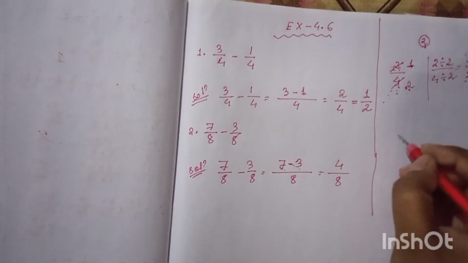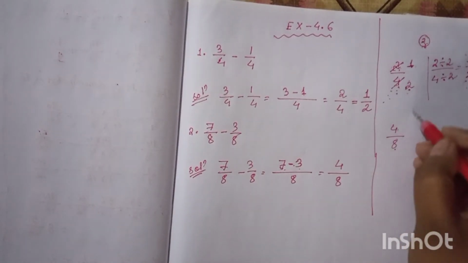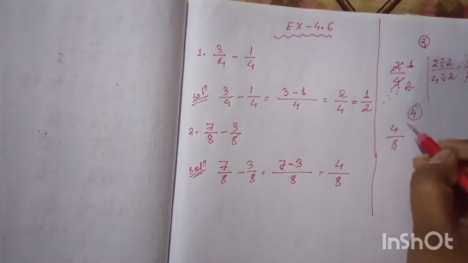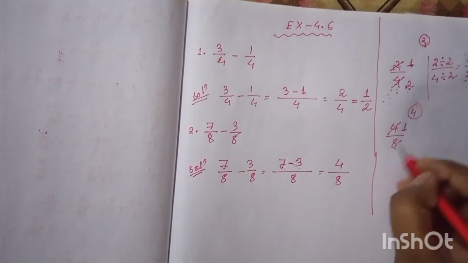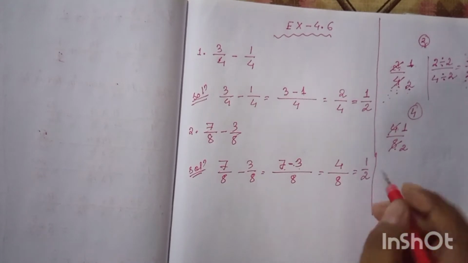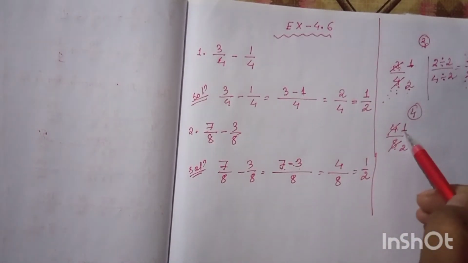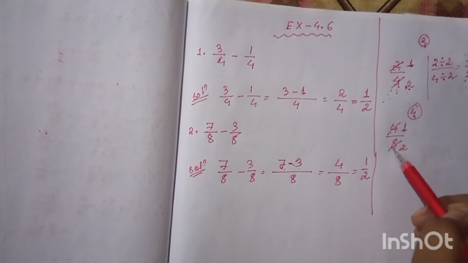Here also you can see both have a common factor, that is 4. 4 ones are 4, 4 twos are 8. So the answer of this is also 1 by 2. We cancel both. 4 ones are 4, 4 twos are 8, right?